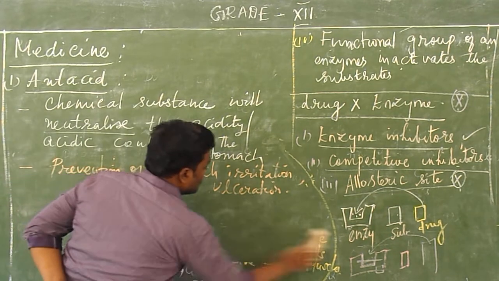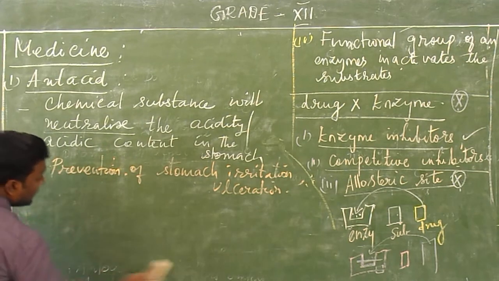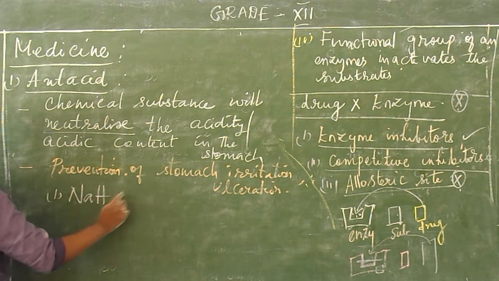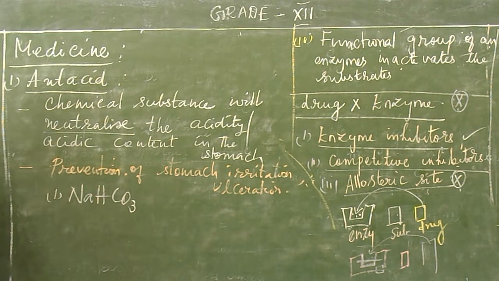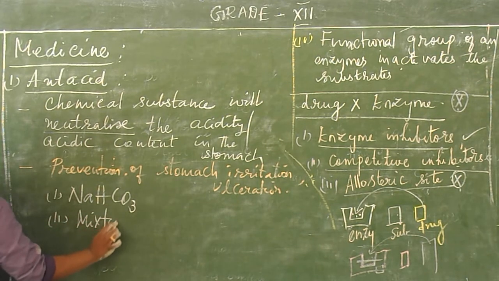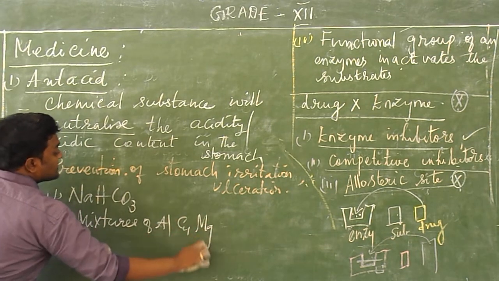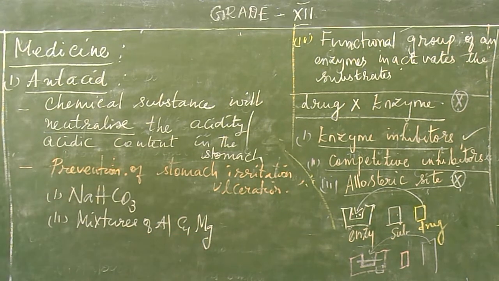Okay. Now, we will go for the examples. The chemicals which can be used as antacids are, initially, sodium bicarbonate NaHCO3 has been used as an antacid, and then mixtures of aluminium and magnesium have also been used as an antacid.